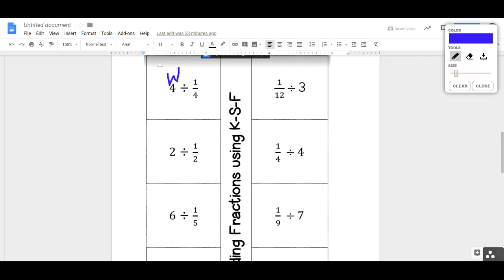Now I want you to cut this out, and I want you to glue the centerpiece down. And then you're going to snip your little flaps. So you're going to have 8 little flaps, and then the center is glued down. So pause this really quick and do that, and then come back.